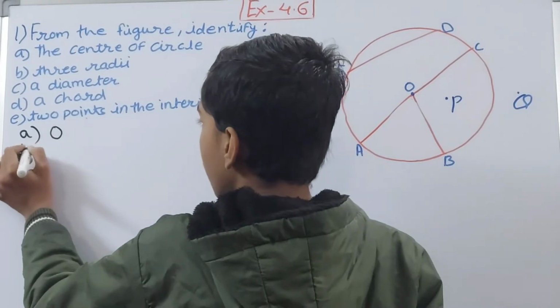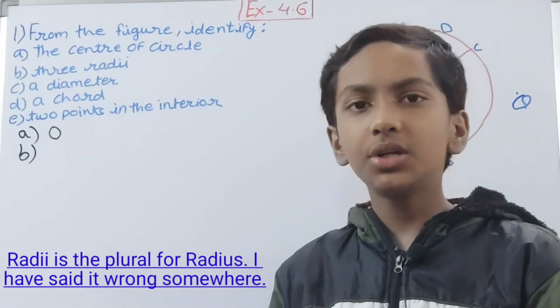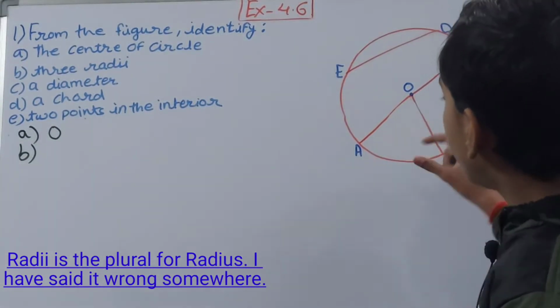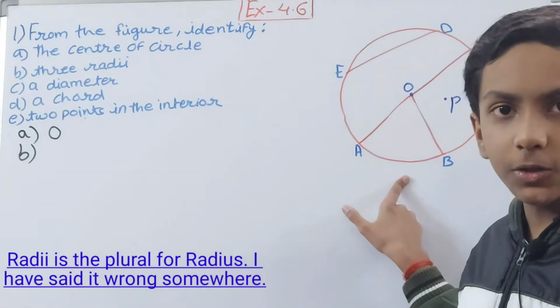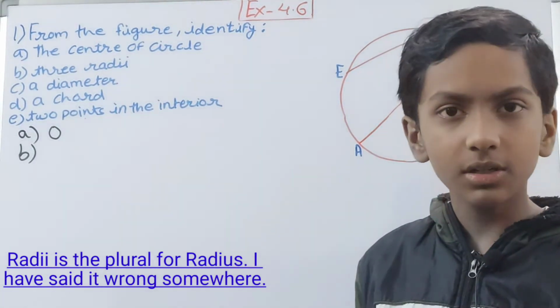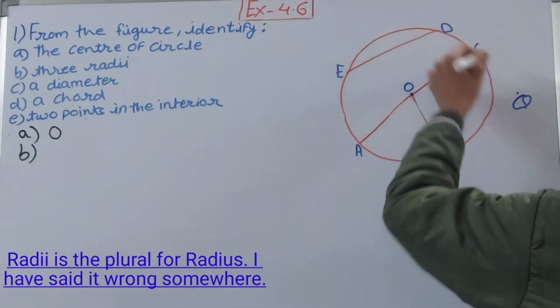For B, we have 3 radii. Now what are radii? A radius is a line segment from any point on the boundary of your circle to the center of the circle. Now what is the boundary of the circle, you will ask? The boundary is this curved line which makes up your circle.